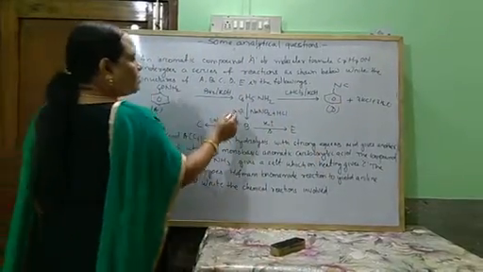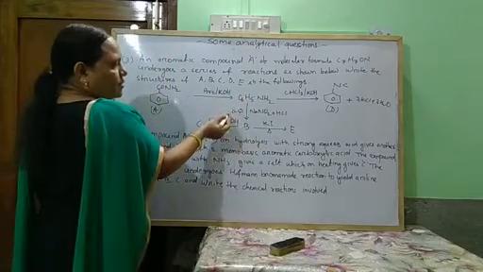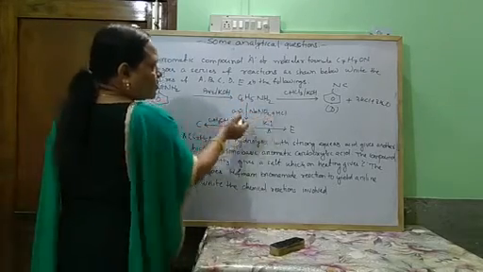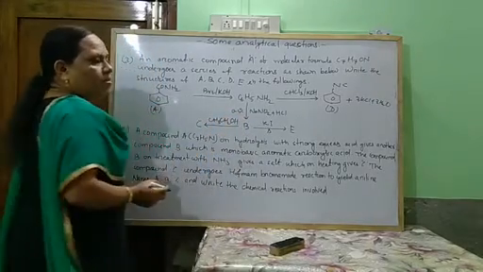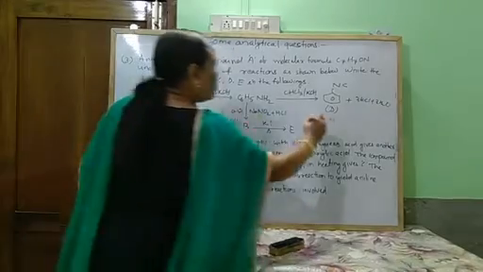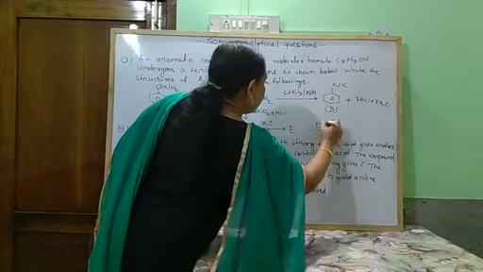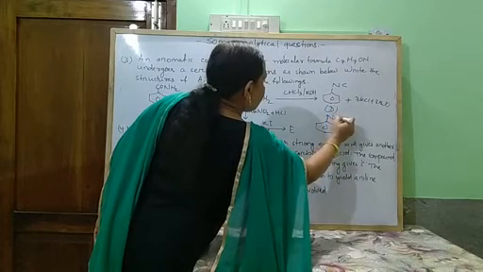And when this compound is treated with sodium nitrite and hydrochloric acid at low temperature, it forms benzene diazonium chloride. Hence, B is benzene diazonium chloride.